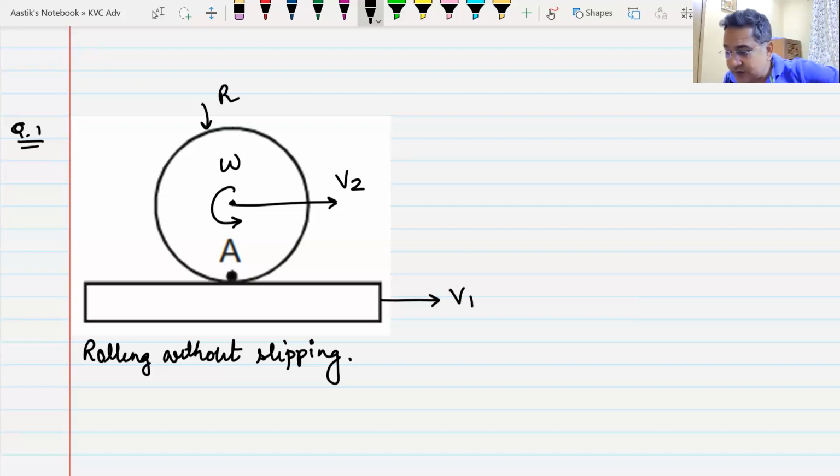Which is rolling without slipping, my dear friends. Can you tell me the relation between v1, v2, and omega? And remember, take a deep breath.